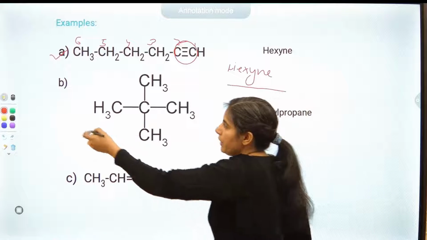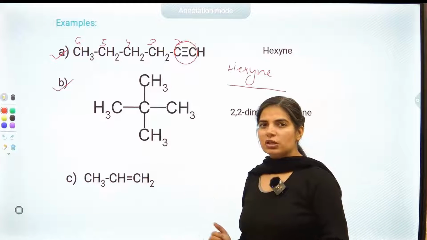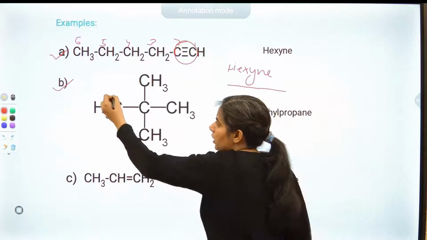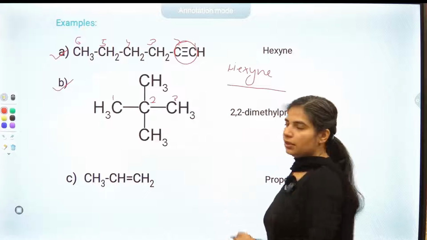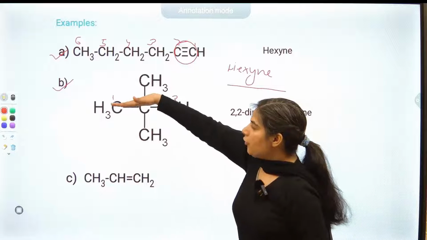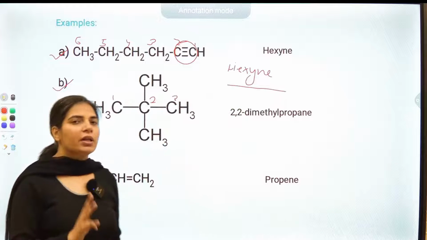Let's move to the next example. Here firstly we have to find out the parent chain. Say this is the first carbon, this is the second carbon, and this is the third carbon. This is the first possible parent chain where we are having 3 carbons.